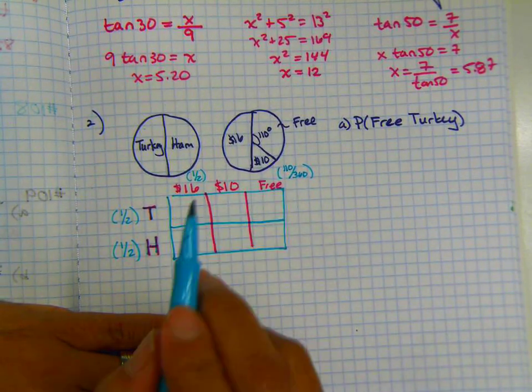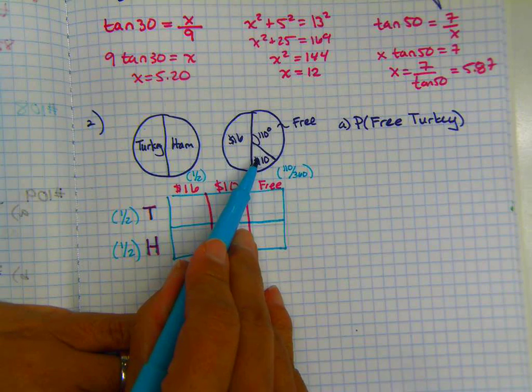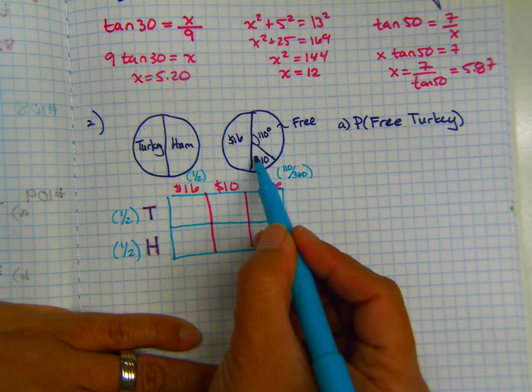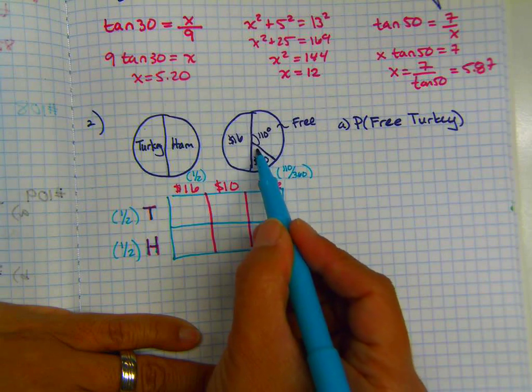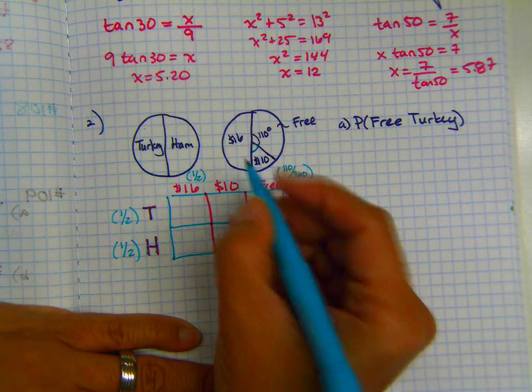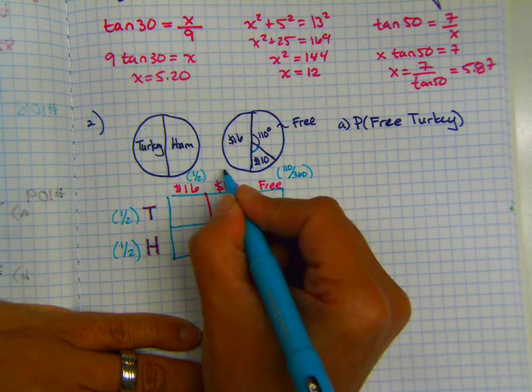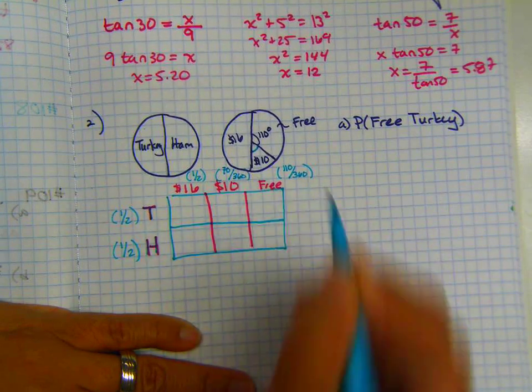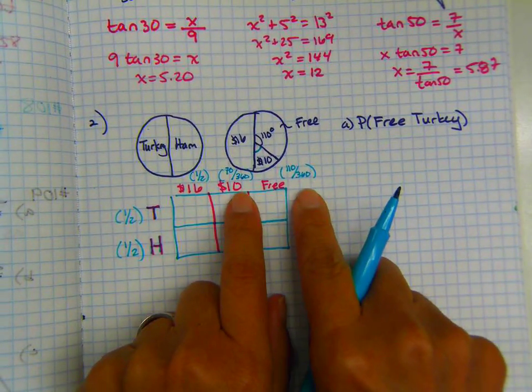But I'm going to keep it as 110 because I also don't know what this is. Well, if the whole thing is 180 and this is 110, this chunk right here has to be 180 minus 110, which is 70. So the probability of paying $10 is going to be 70 out of 360. If you don't like dealing with large numbers, go ahead and reduce those.